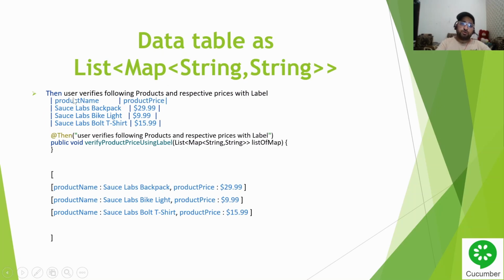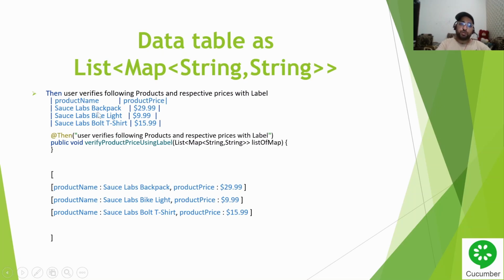So we can say this is a list of map, because we have three maps. So we can call it a list of map, right?